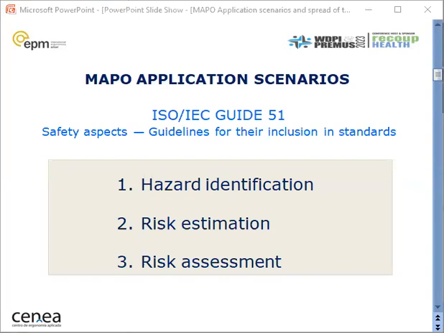But we should also bear in mind that ISO Guide 51, which provides requirements and recommendations for the drafters for the inclusion of safety aspects in ISO standards, is applicable to any safety aspect related to people, property, or the environment, or to a combination of these.